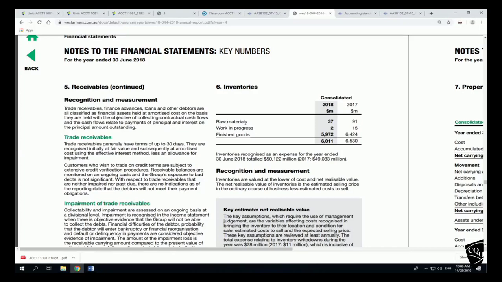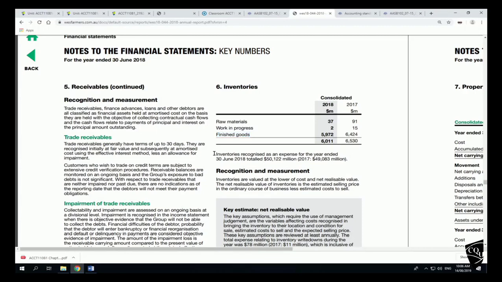Well, Wesfarmers owns a number of different types of businesses. Some of those businesses are not even retail, they're manufacturing. And in their manufacturing businesses, which are a smaller portion of Wesfarmers, they will have raw materials and work in progress. But because they own such a large number of retail businesses, you would expect to see the majority of their inventories as finished goods because they're in retail. But that's good. Know what your company does because it will factor into their inventories.